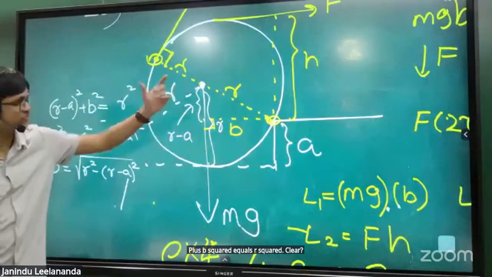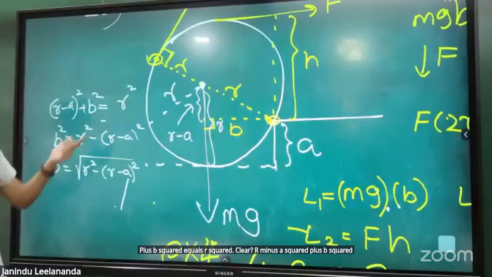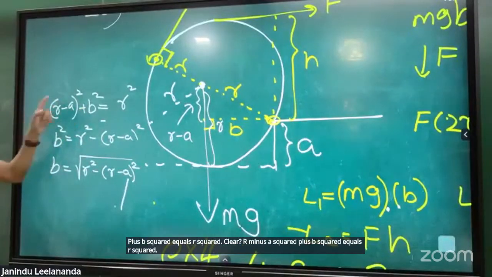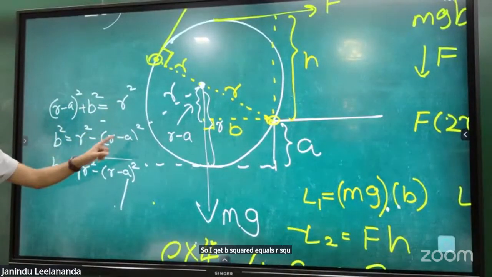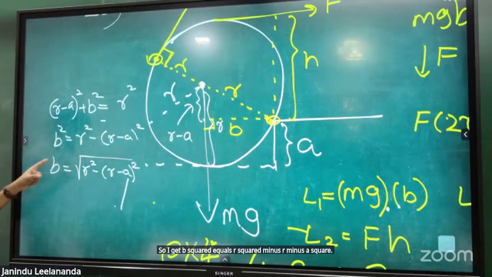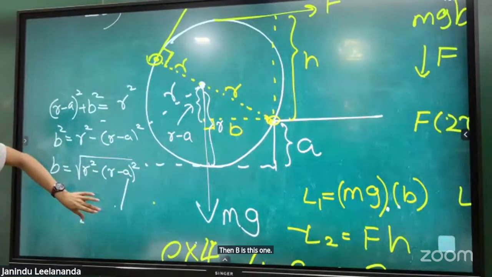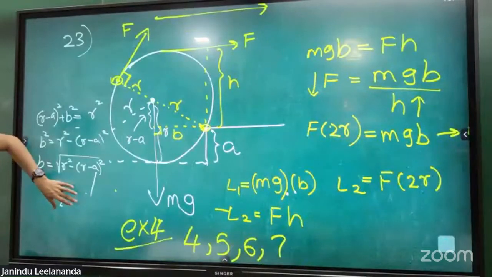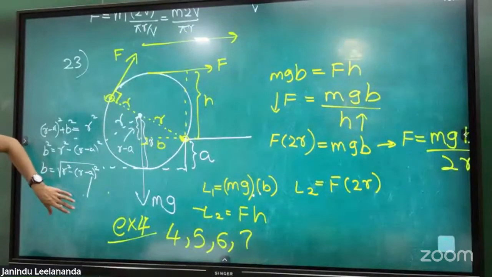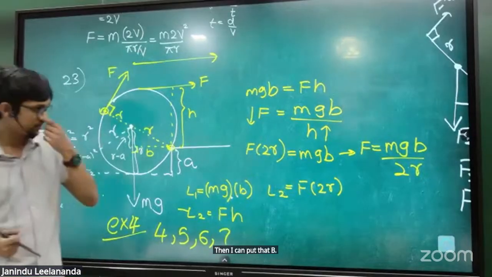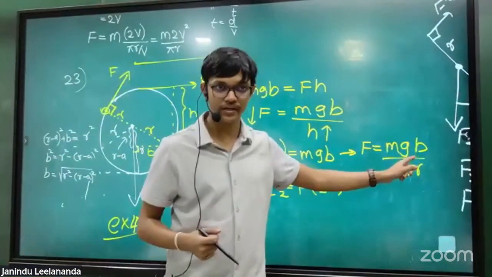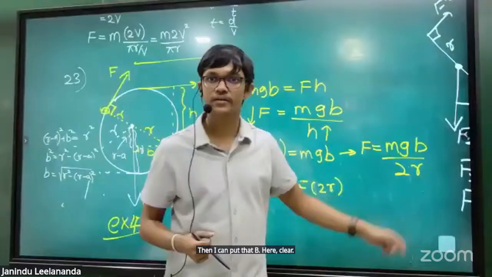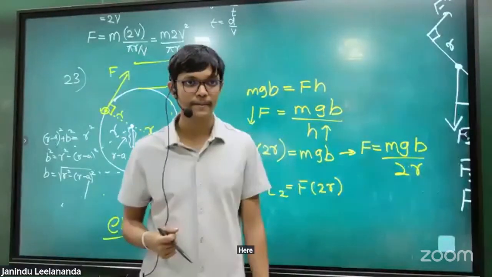So I get B squared equals R squared minus (R minus A) squared. Then B is this one. Then I can put that B here. Clear? Got the idea?